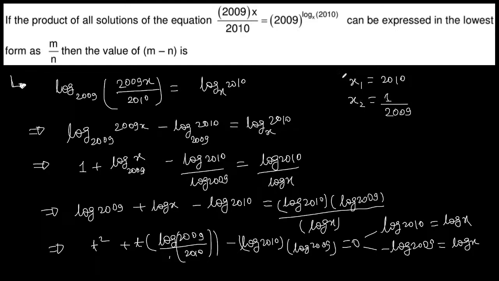The product of the solutions can be expressed in the lowest form m by n, which is nothing but 2010 upon 2009. So m minus n is what? 1. This is 1. So we got the simple answer.